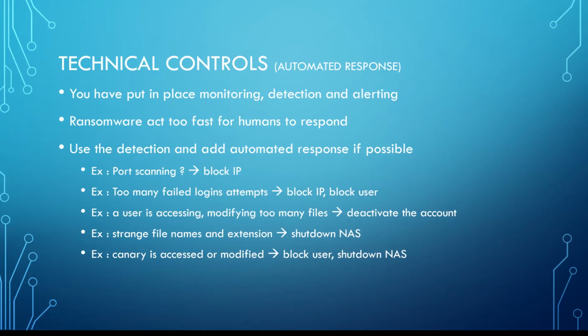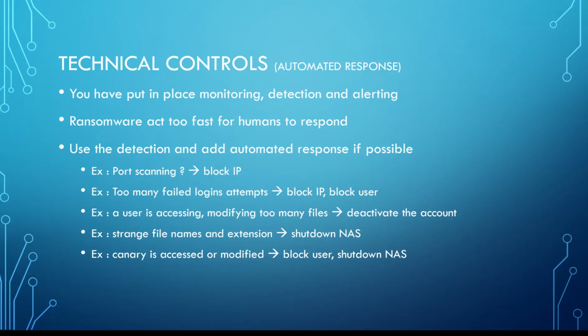Ransomware can go extremely fast, especially if your NAS has good performance. So you need to use all the detection tools that you created before and add an automated response if possible.